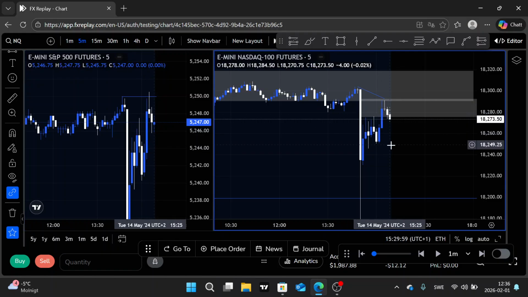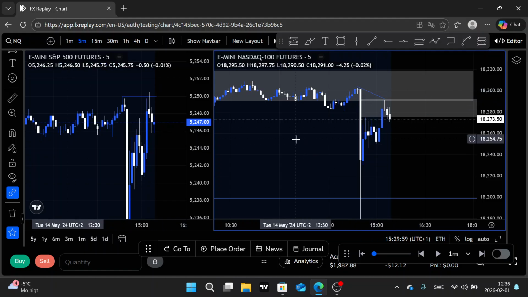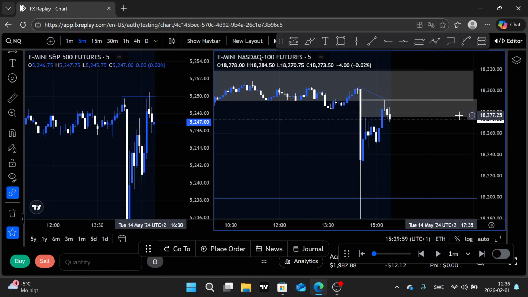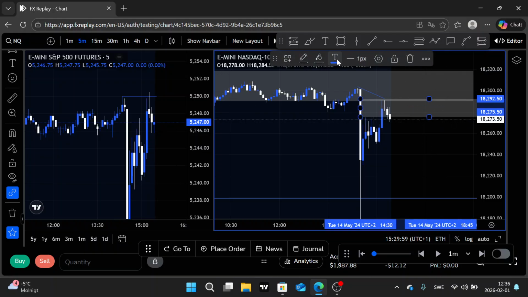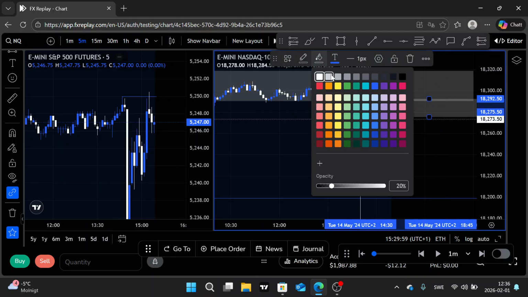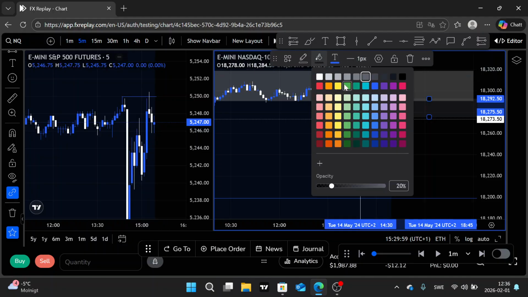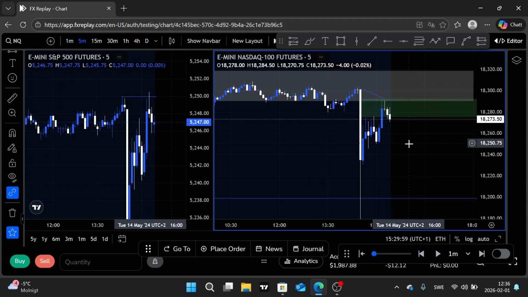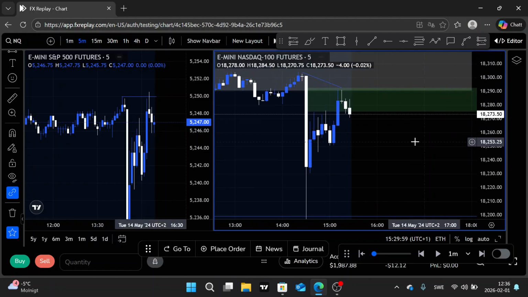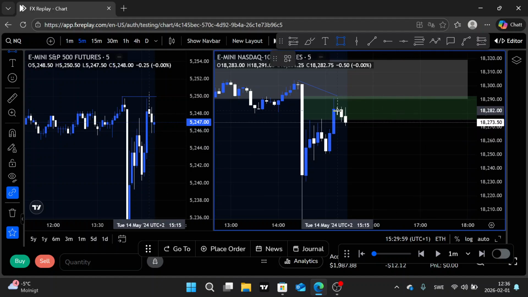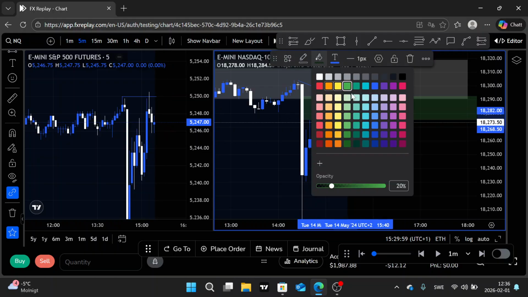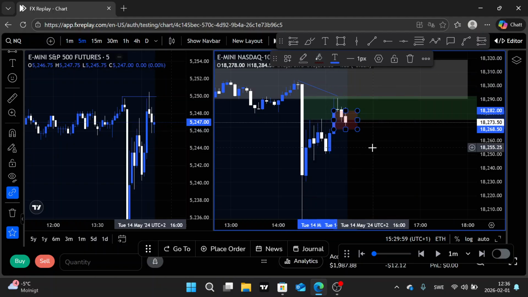So right now we are respecting this for value gap, and we also respect, let me have this in a different color, and now we have this for value gap here. Okay, let me change the color for this as well. Here we go.